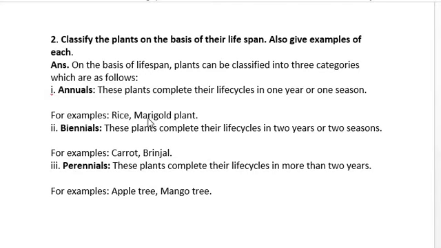Example, rice, marigold plant. Biennials: these plants complete their life cycle in 2 years or 2 seasons. For example, carrot and brinjal. Perennials: these plants complete their life cycle in more than 2 years. Example, apple tree and mango tree.